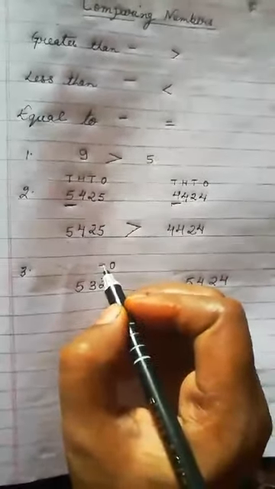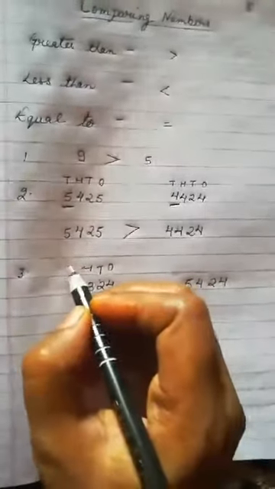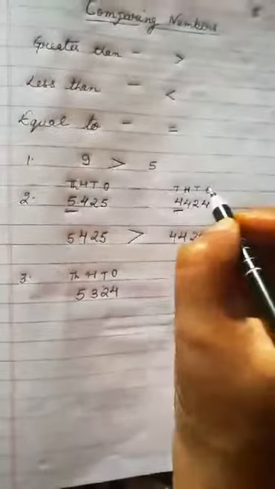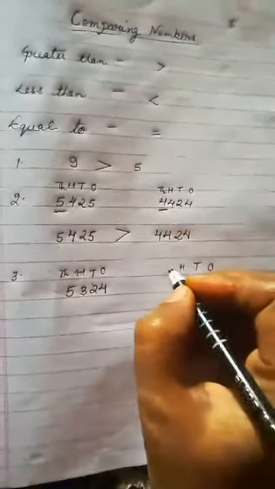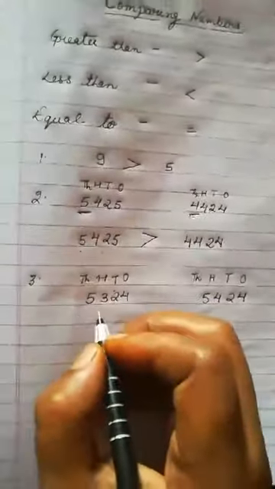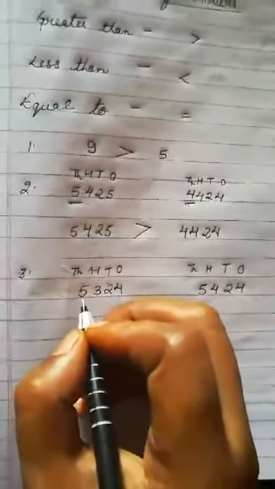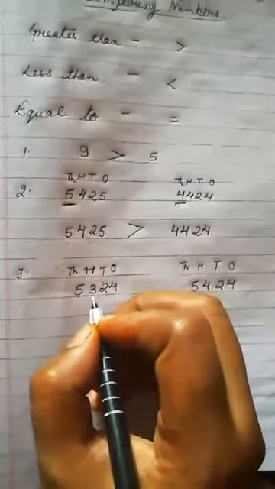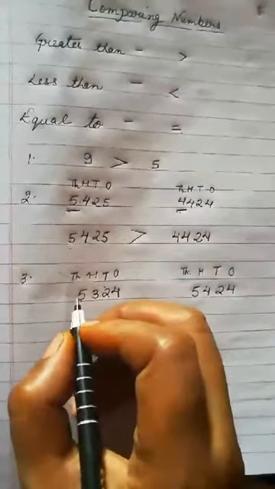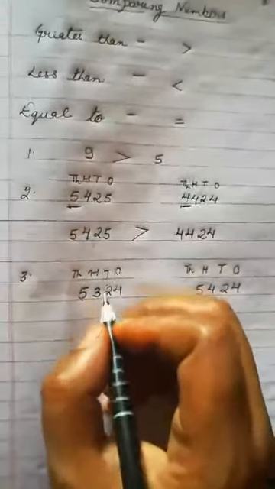So this is ones, this is tens, this is hundreds, and this is thousands. So we will have to compare first of all thousands, then hundreds.